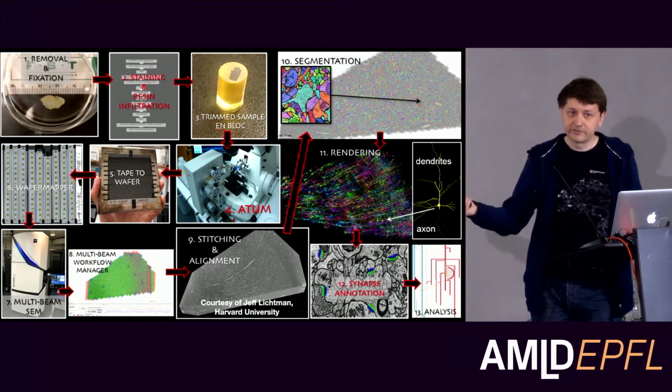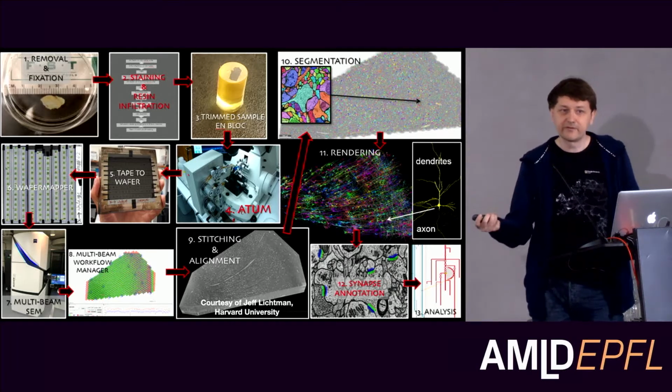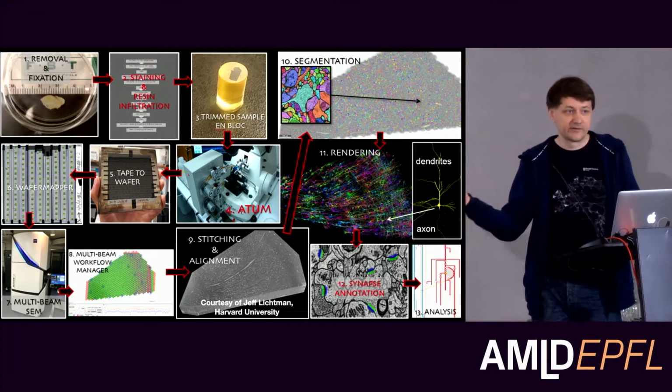You get raw images from the microscope, but you also have to stitch and align them into a uniform 3D data set, which you then have to segment, you have to visualize it, maybe you have to correct some mistakes that the automated methods have made, and in the end, you end up with a data set that you can analyze.